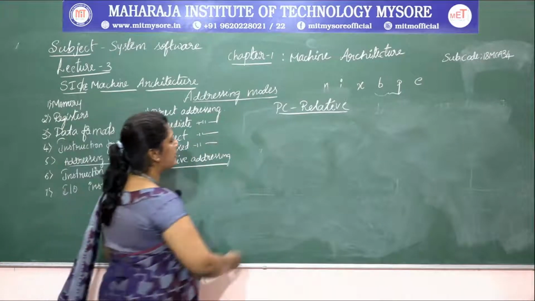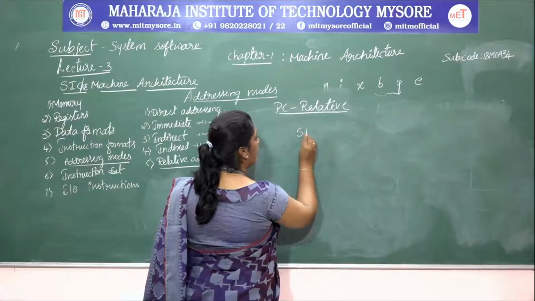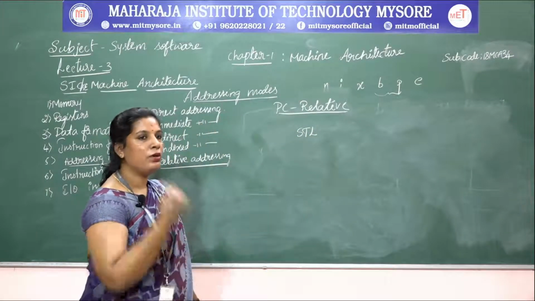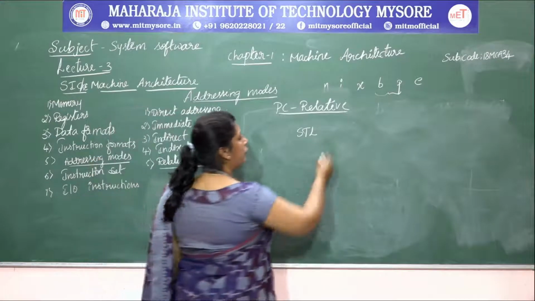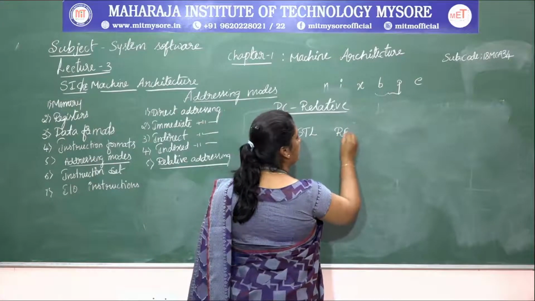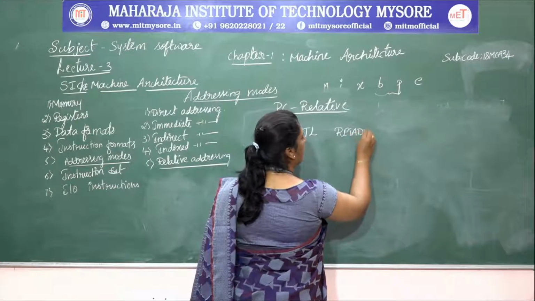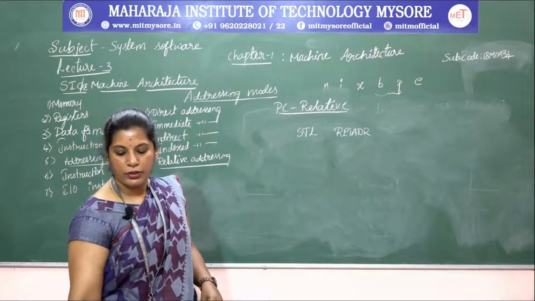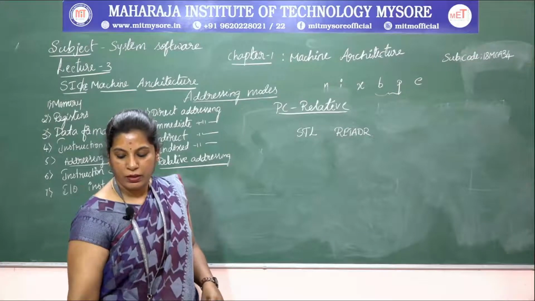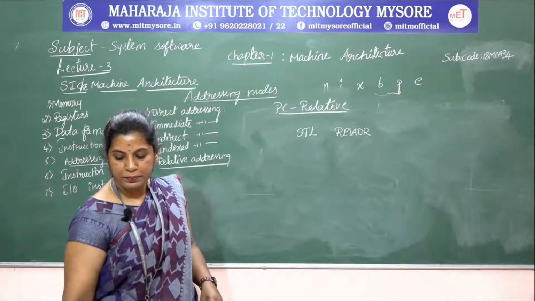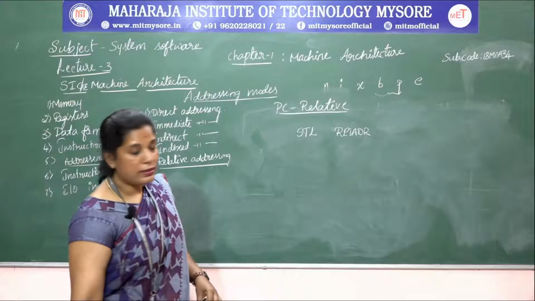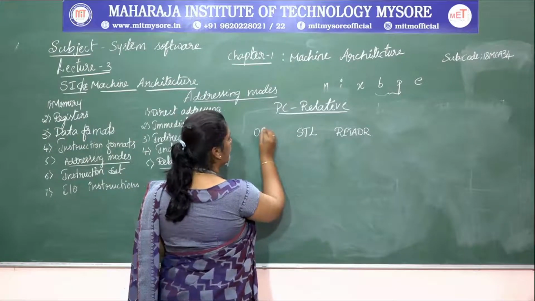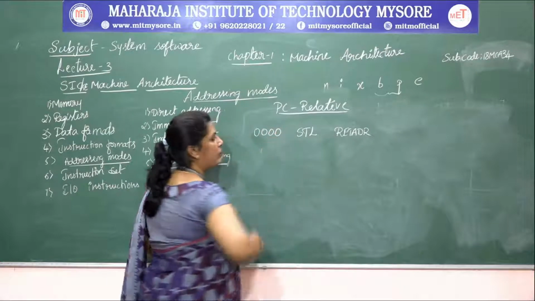For example, I am taking an instruction STL, store linkage register value to the memory location return address. Store linkage register value to the memory location, what? Return address. Let us assume in that program this instruction is at the memory location 0.